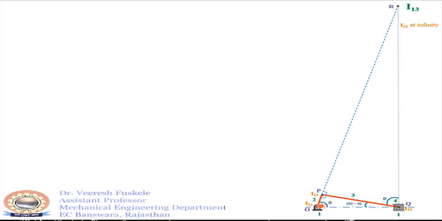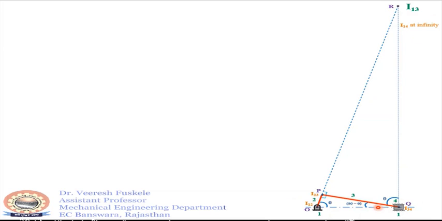In this triangle OPQ, we are already given this angle P, angle OPQ is 90 degree. We have assumed this angle QOP as theta. So angle PQO will be 90 minus theta. Further, as this whole angle will be 180 degree, so this angle RPQ will be 90 degree.